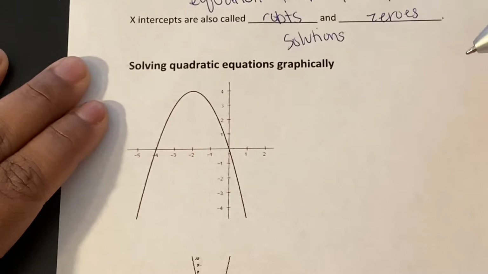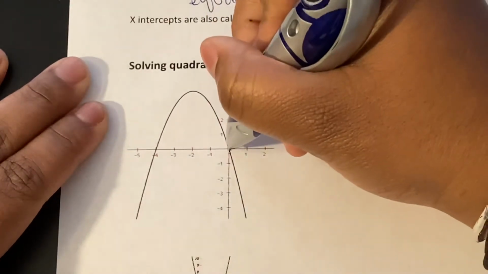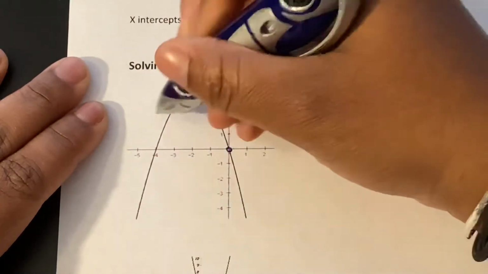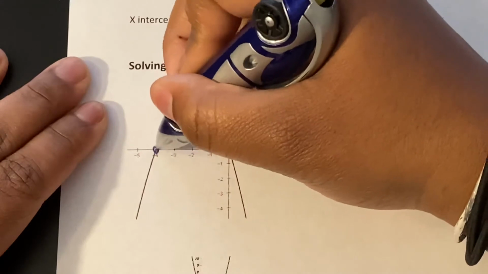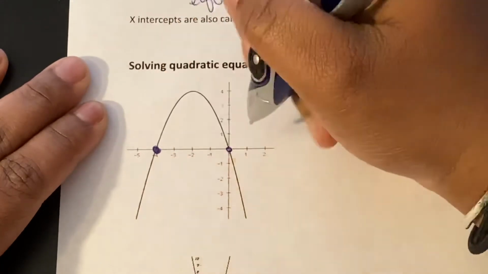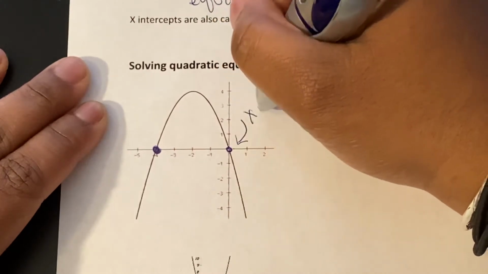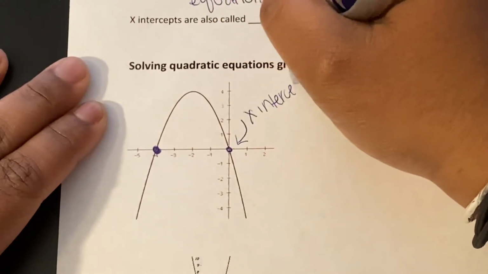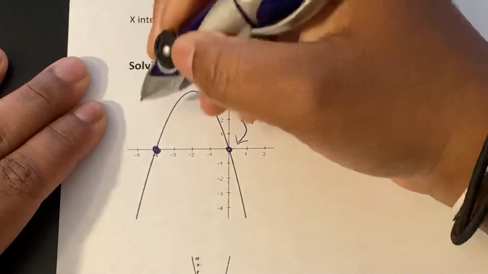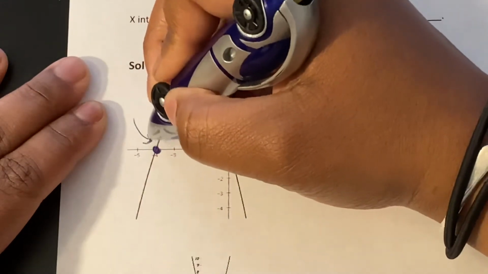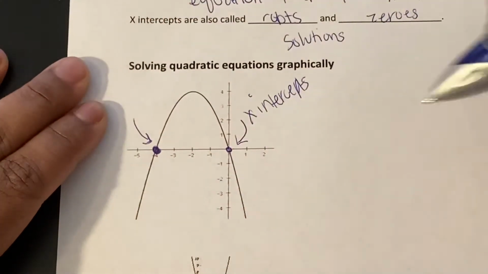So if you look at the parabola, the x-intercepts are here and here. This is where they intersect the x-axis. They touch the x-axis.